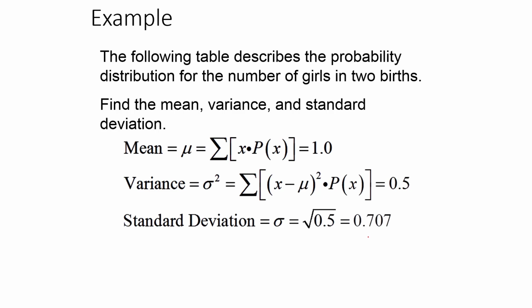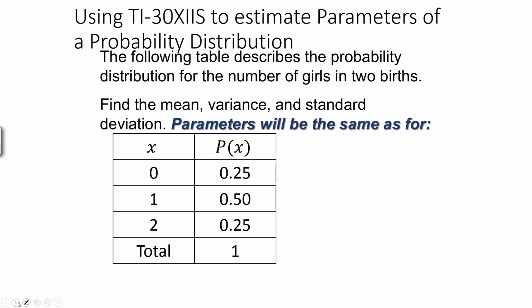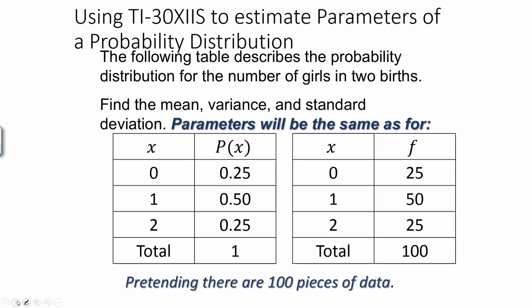All right, now you can actually use your TI-30X2S to find the parameters of a probability distribution. So let's do that for this probability distribution. We're going to cheat, okay? We're going to pretend, for the calculator's benefit, that there are exactly 100 data values in the set.